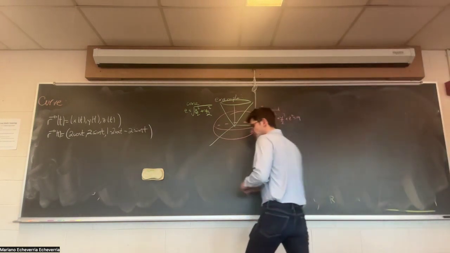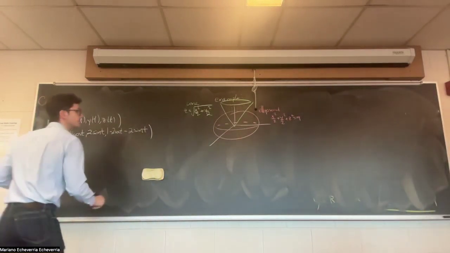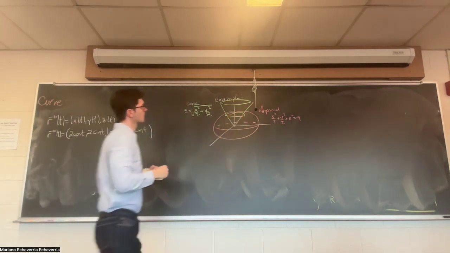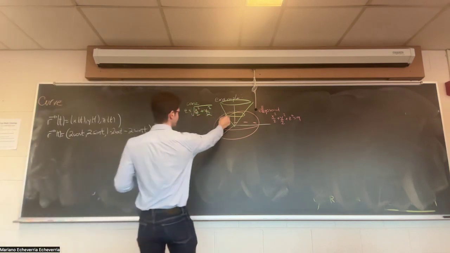So you get an intersection curve, which is here. And you want to parameterize this curve.